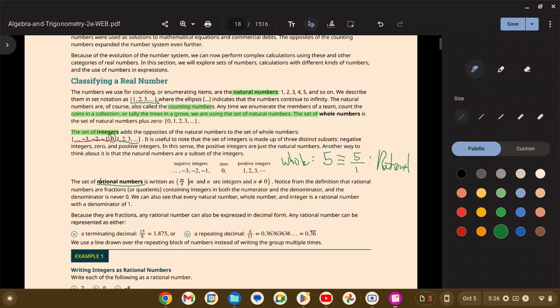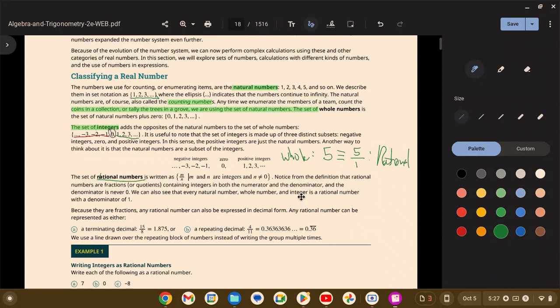Or a repeating decimal, such as 4 divided by 11, which is 0.36363636, written as 0.36 with a bar over it. That means 36 repeats over and over. We use a line drawn over the repeating block instead of writing the group multiple times.